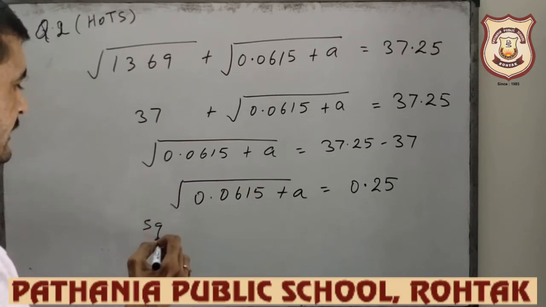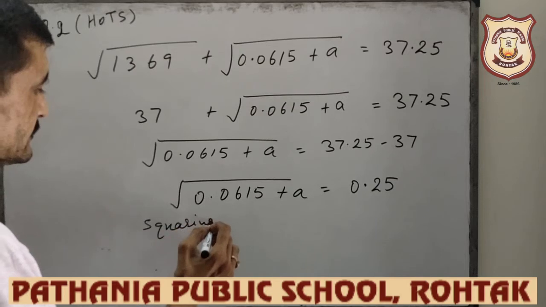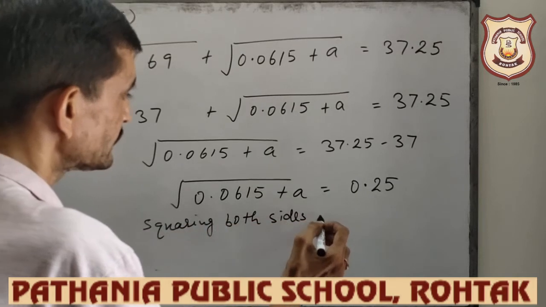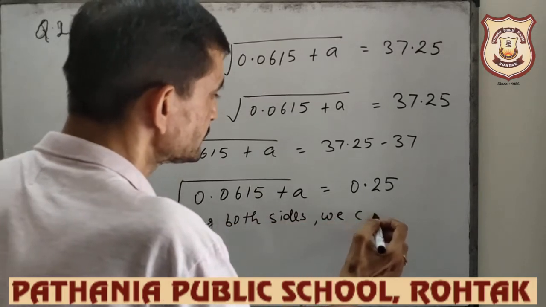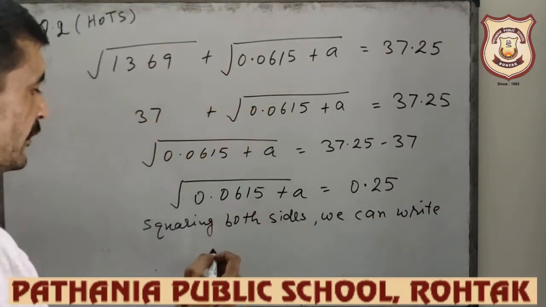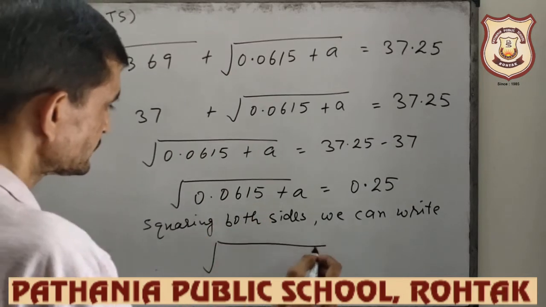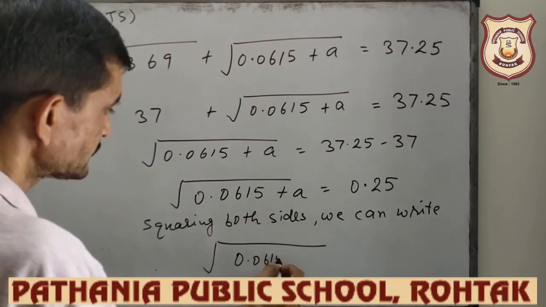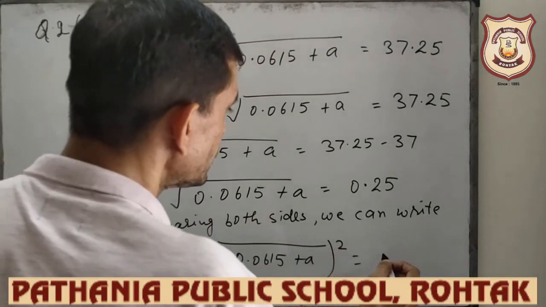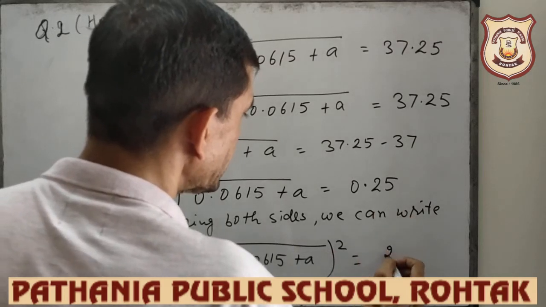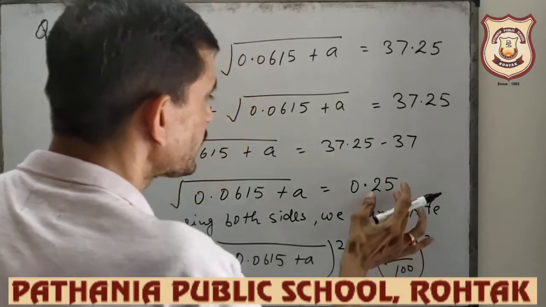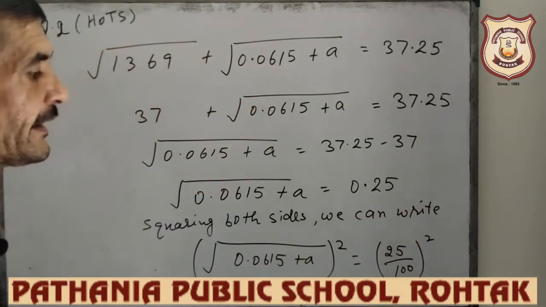So squaring both sides, we can write the square of this is equal to 25 by 100 whole square. 0.25 can be written as 25 by 100.